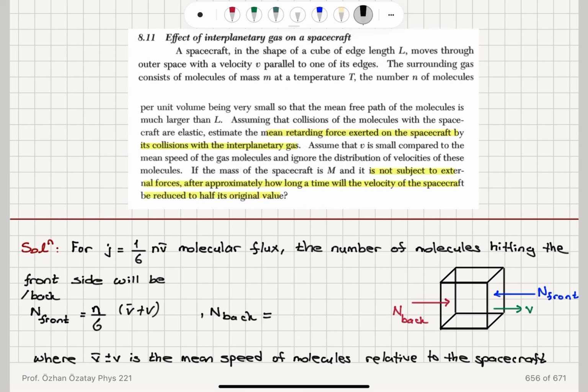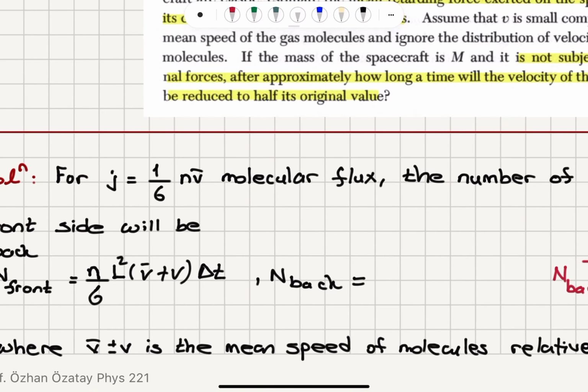And if we want to calculate the number hitting the area L square, flux is the number per area per time. So multiply it by the area and by the time interval delta t, and we find the total number of molecules hitting the front face of the cube in the time interval delta t.